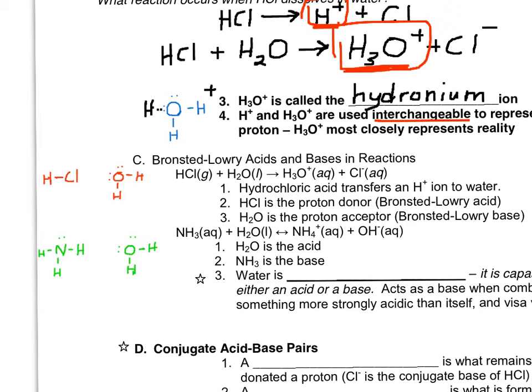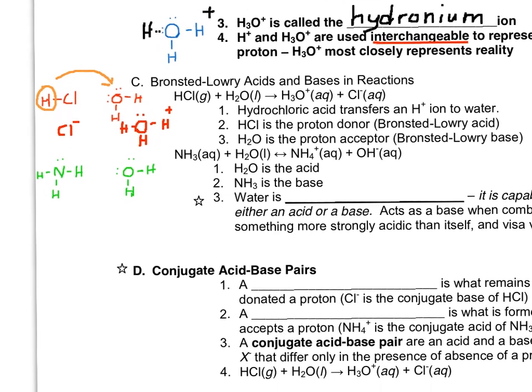For example, if I take a look at hydrochloric acid here and water, this hydrogen from the hydrochloric acid is going to come off and attach to the water. And when it does that, it's going to form hydronium ions and chloride ions. So when it does this, that makes HCl your proton donor, H2O your proton acceptor, so that makes HCl your acid, that makes H2O your base.